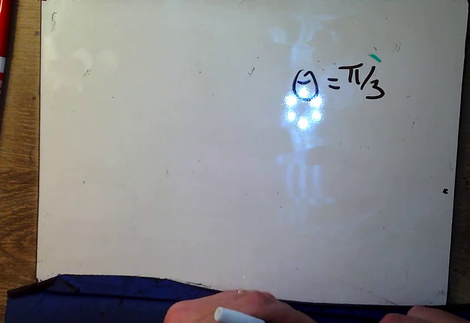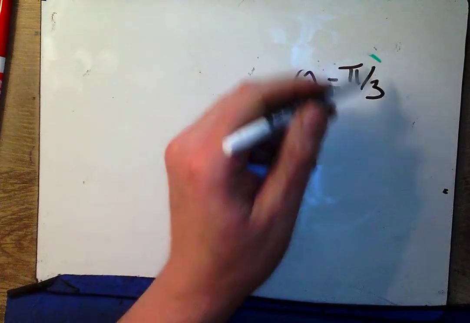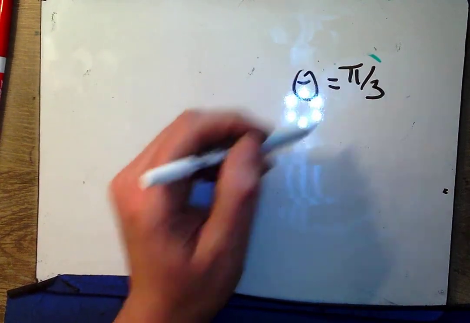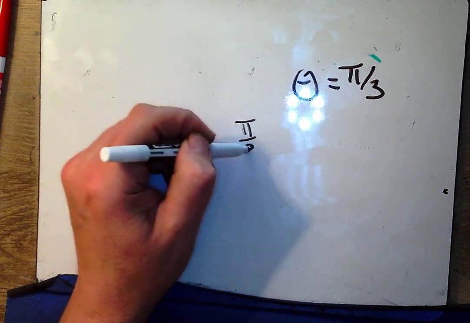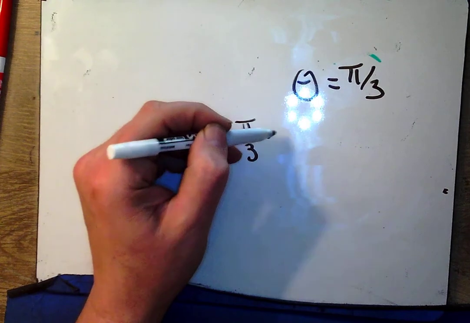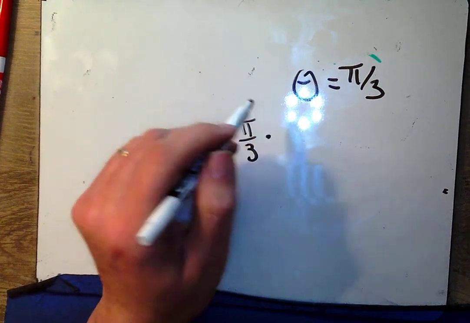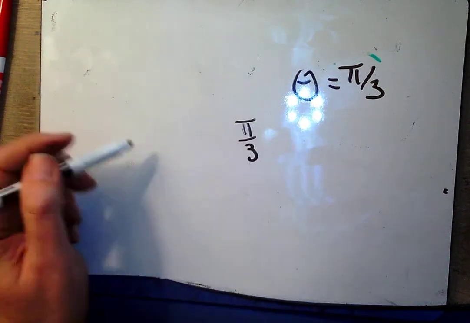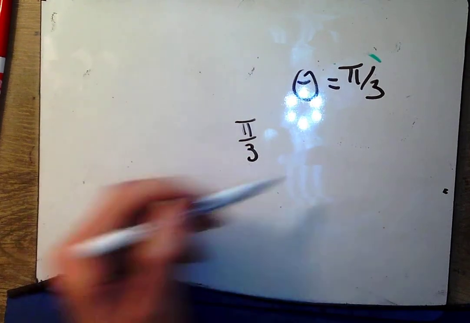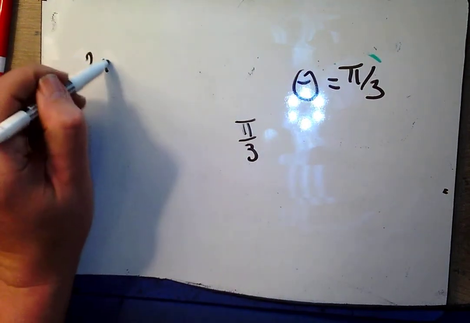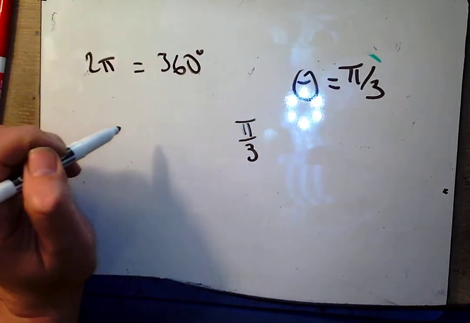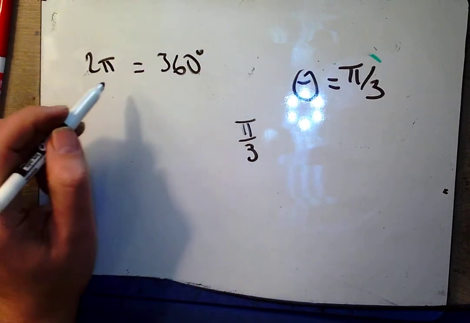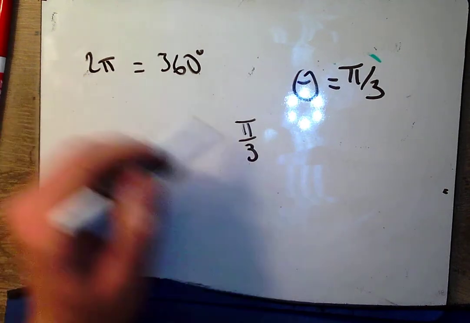Okay, don't do that. I mean, so if I'm looking for a coterminal angle here, right? This is what a student does. They say, okay, pi over 3. There's a conversion factor. What's the conversion factor to go from radians to degrees? Well, I know that 2 pi radians is the same as 360 degrees. Okay, and so how does that help me here?